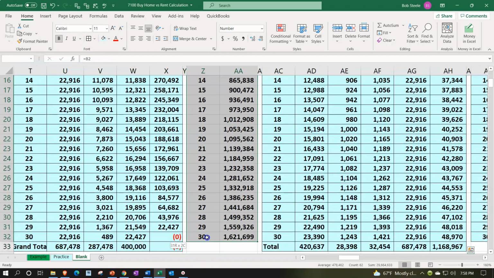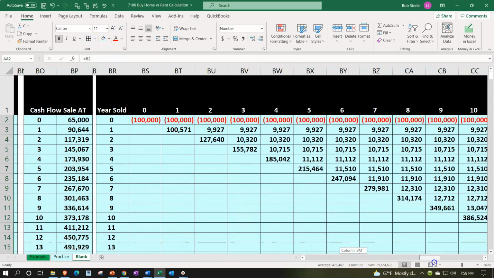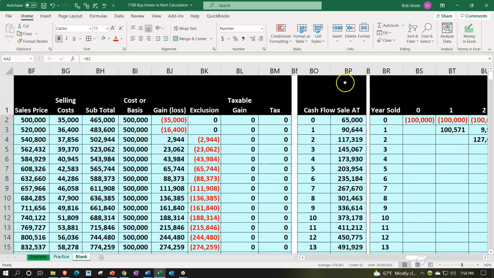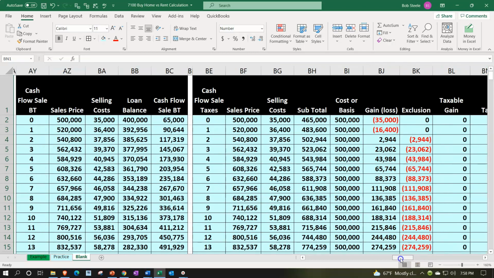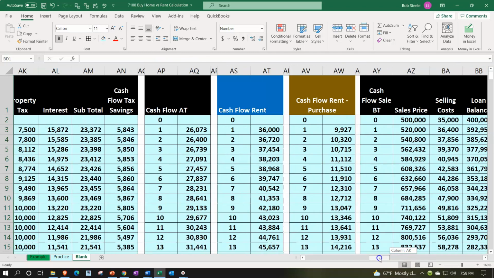And then we might want to make all the columns kind of the same. So we'll highlight all the non-adjacent columns by selecting the column, holding down Control, selecting the non-adjacent columns like so.